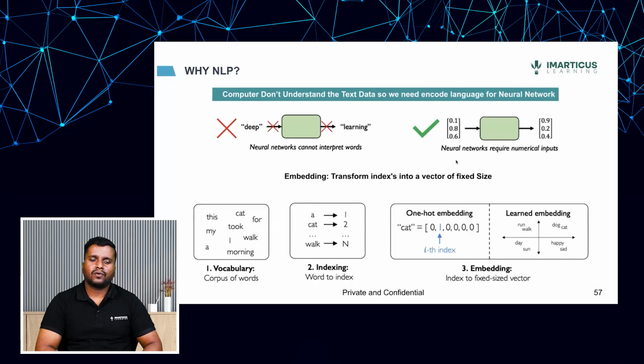We do one hot encoding of these indexes, and we convert this raw information, words, into numbers. When we do this, we are creating a vector of values, or a vector of tokens.